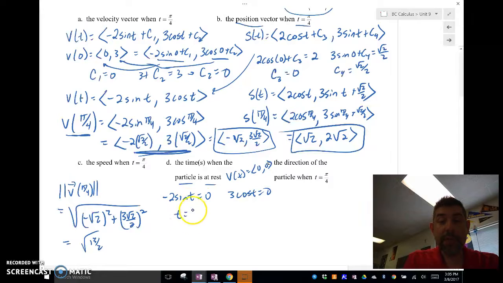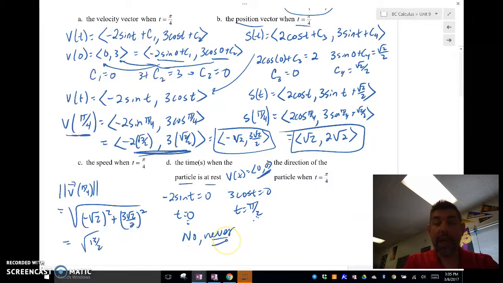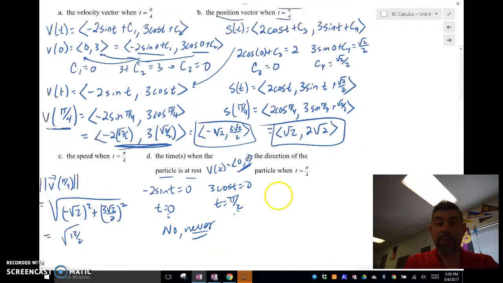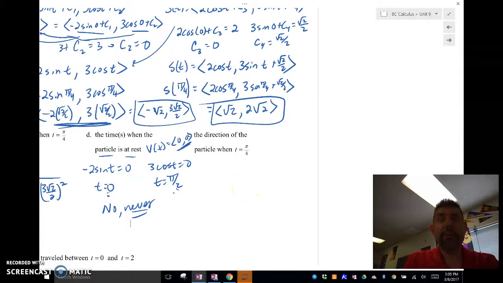This is when time is 0, and this is when time is pi over 2. Is there anything in common here? Remember that they both have to be the same. Is it ever at rest, because both x and y have to be equal to 0? No, never. It's never at rest. This thing's going on and on forever. Doesn't want to rest.